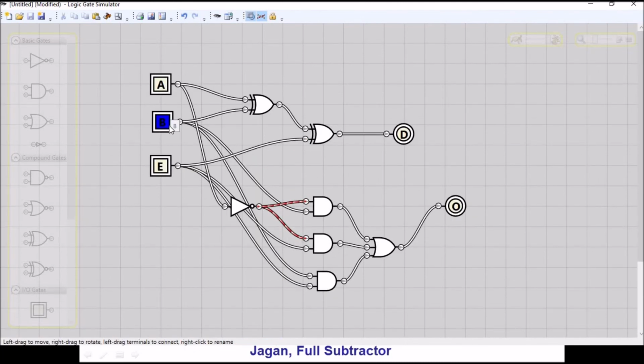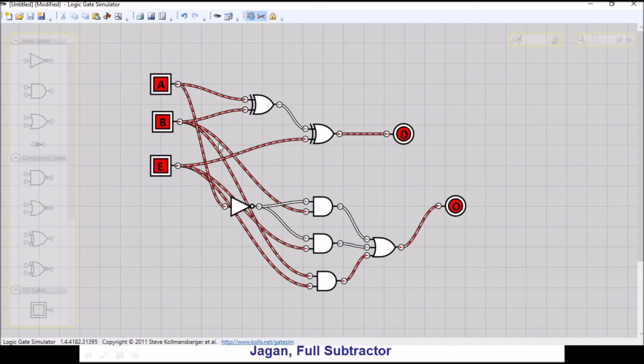So I have A, B in, and difference A XOR with B XOR with B in, and the output, that is borrow, A bar B plus A bar B in plus B in. Okay. So let's see, if all are 0, I have the difference 0 and borrow 0. If I have 1 0 0, as we said, if any one of the input is 1, my D would be 1, or if I want to make all inputs high, my D would be high, right?